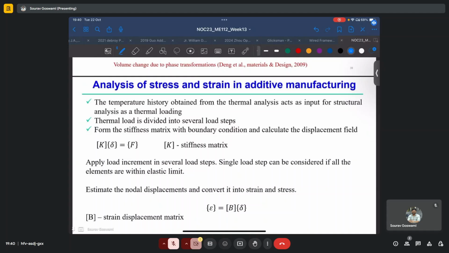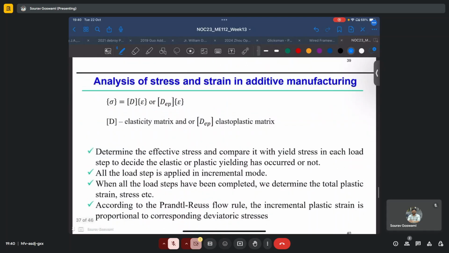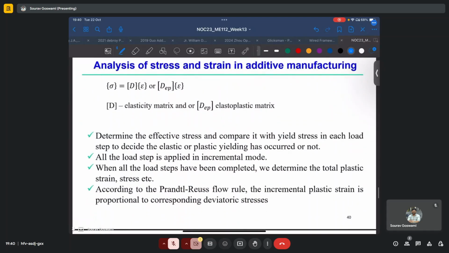Then we estimate the nodal displacements and convert them into stress and strain with the relationship epsilon equals B times delta, where B is the strain displacement matrix. The stress matrix then can be calculated as sigma equals D times epsilon, or D elastoplastic times epsilon, where D is simply the elasticity matrix.